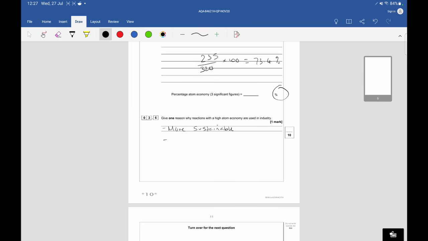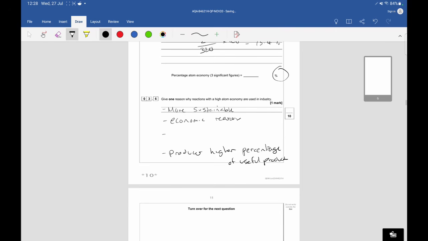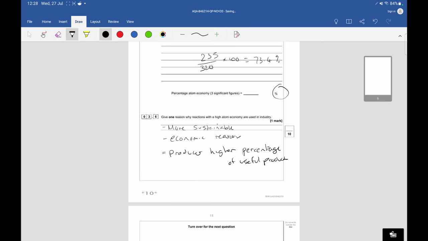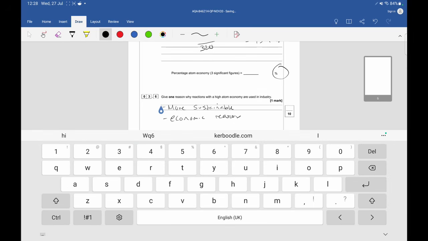Other possible answers here are very broad economic reasons, just because we want to save money, it's cheaper, and produce a high percentage of useful products is also good. So it produces a higher percentage of useful product, which is obviously the desired outcome. You want to make as much useful product as you possibly can.